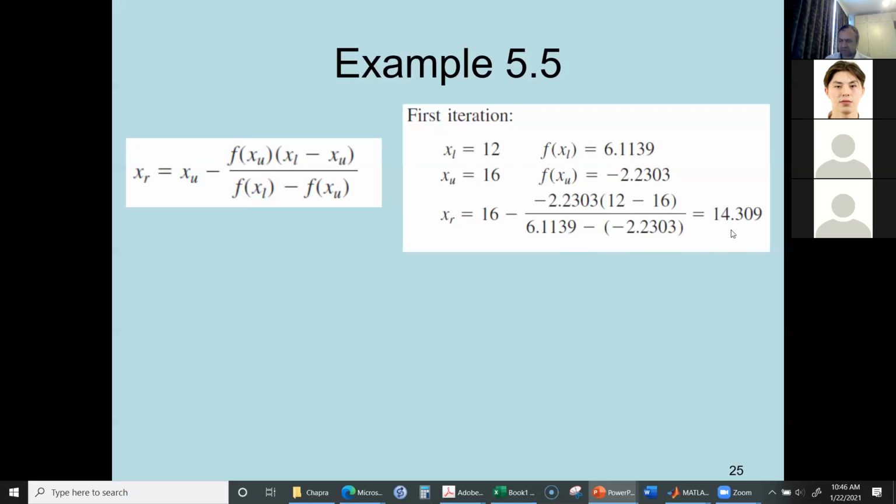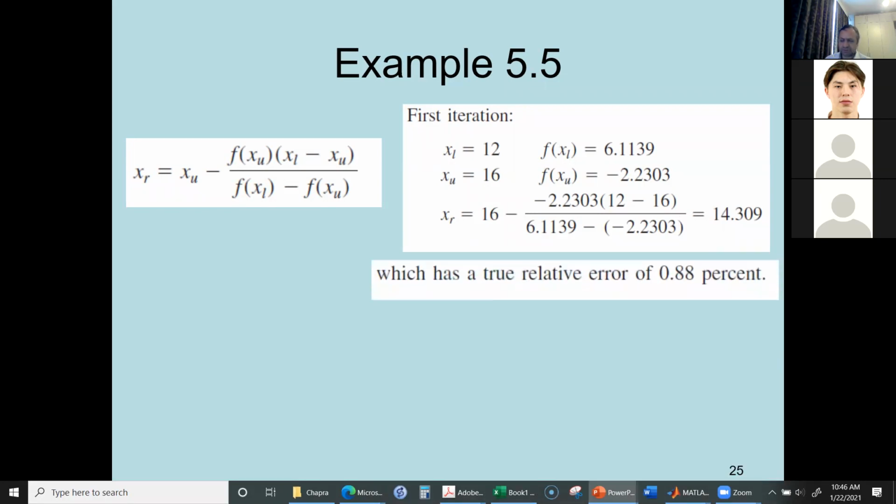This gives an approximation of 14.309. Remember that all these formulations can be easily derived by considering similar triangles, according to the figure we just presented. This has a true relative error of 0.88%.